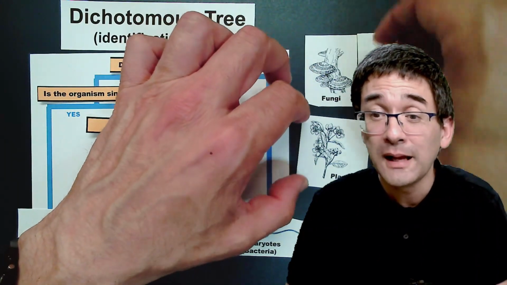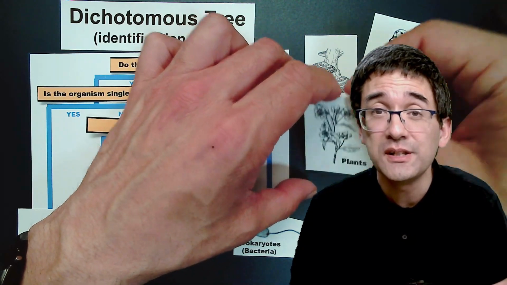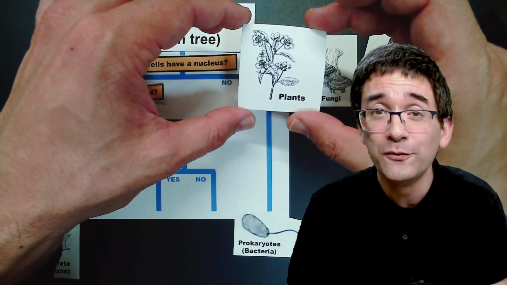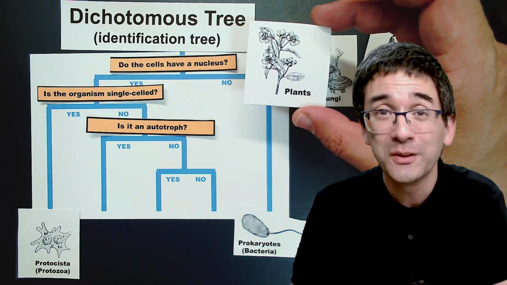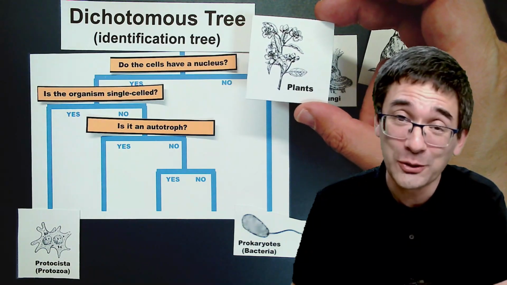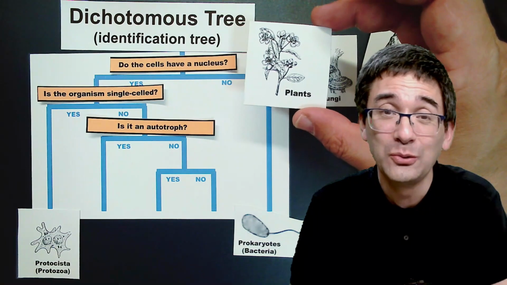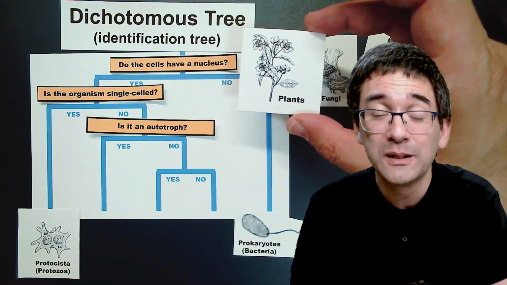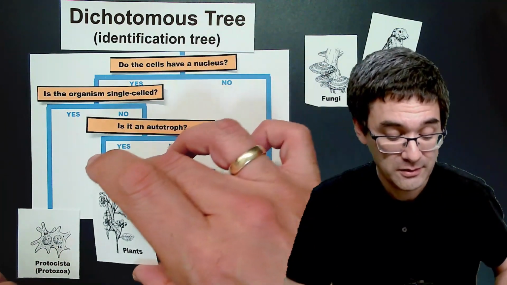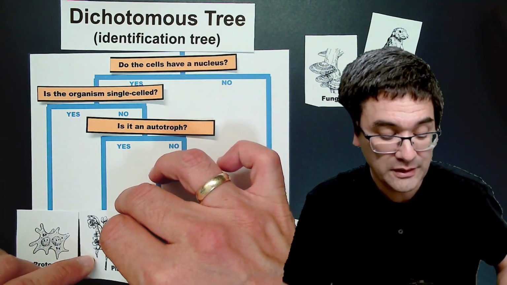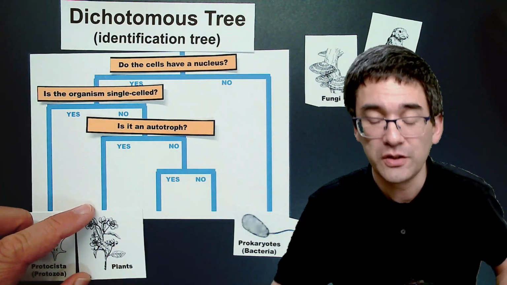Well, the plants, because plants do photosynthesis. In photosynthesis, plants use the sun's energy and carbon dioxide from the air and water to make glucose. Glucose is sugar, and that is the food that the plants use. An autotroph is able to make its own food, and therefore we put the plants over here.